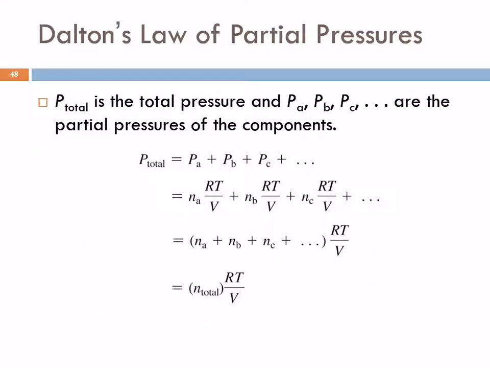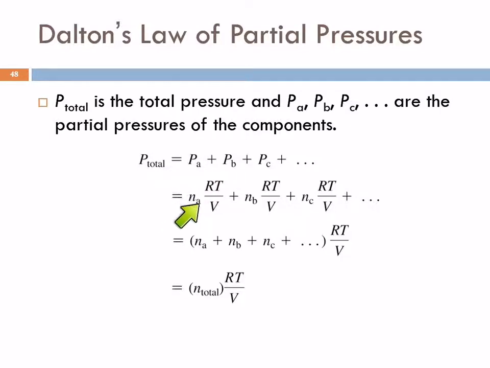There's another one of those written out derivations that can make your eyes glaze over. What is this talking about? This is just trying to show you something. This is Dalton's Law of partial pressures. The total pressure equals the pressure of gas A plus the pressure of gas B plus the pressure of gas C, and so on. What does the pressure from gas A equal?